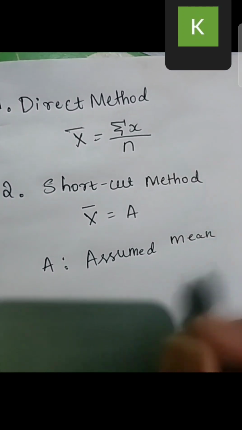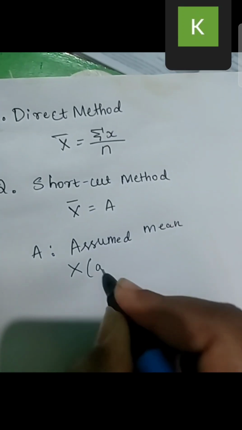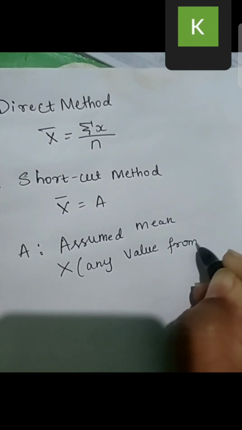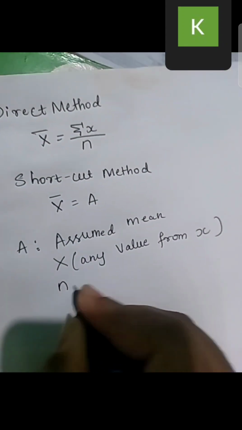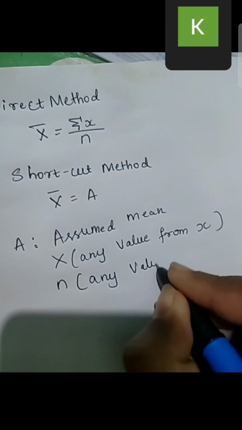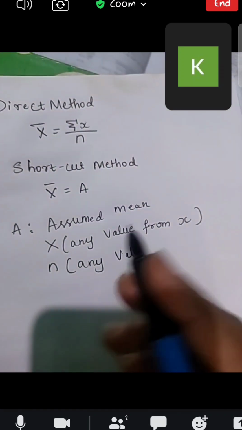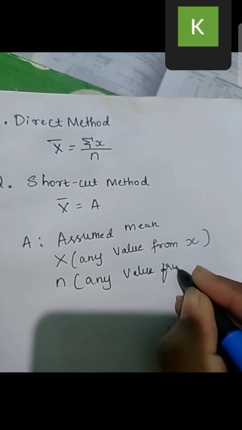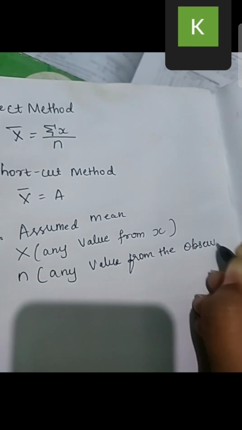So assumed mean is basically any value from x. You can also call it any value from the observation.